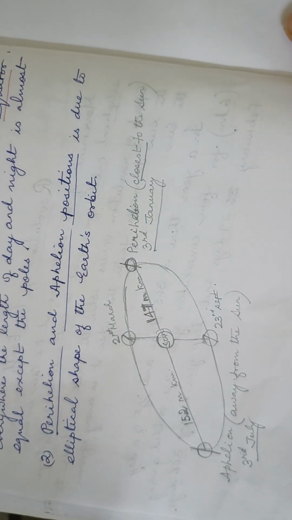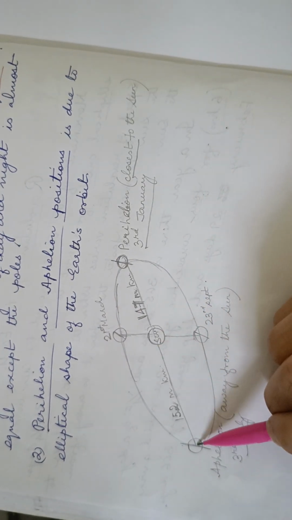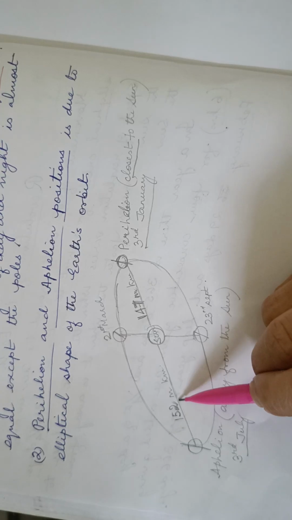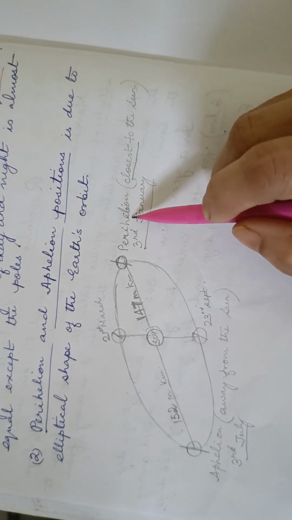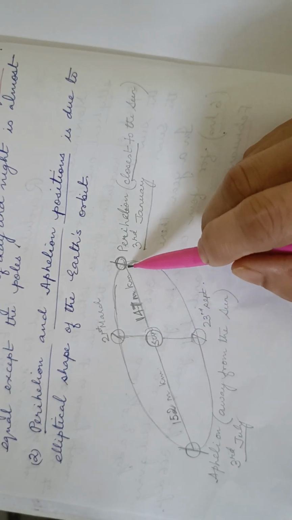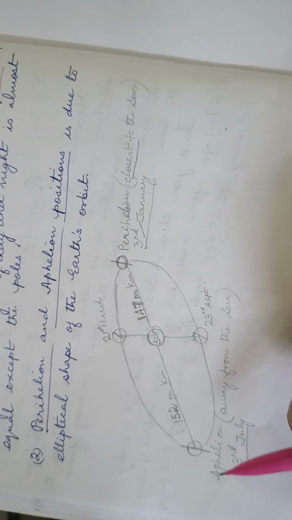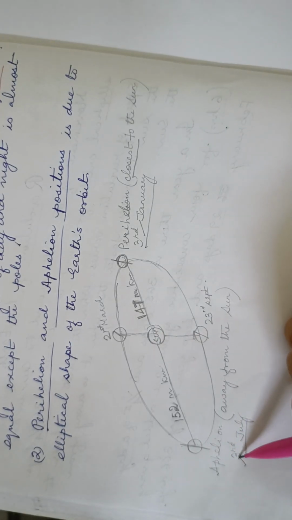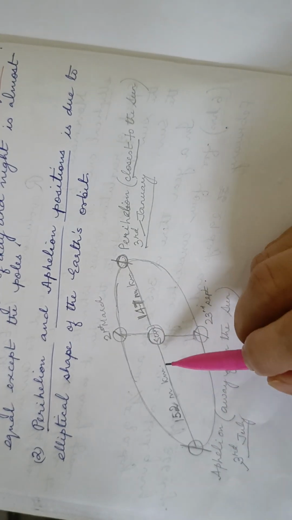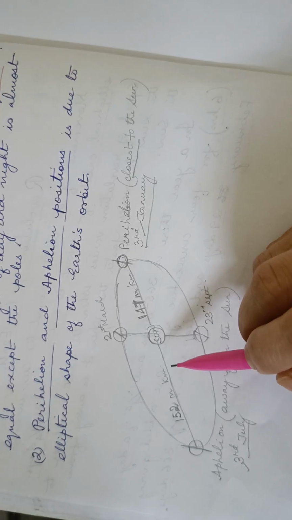So aphelion is when it is far away from the sun, about 152 million kilometers, and perihelion is when it is closest to the sun, that is 147 million kilometers. Perihelion is 3rd January, aphelion is 3rd July. And we know the average distance of the Earth from the Sun is 150 million kilometers.